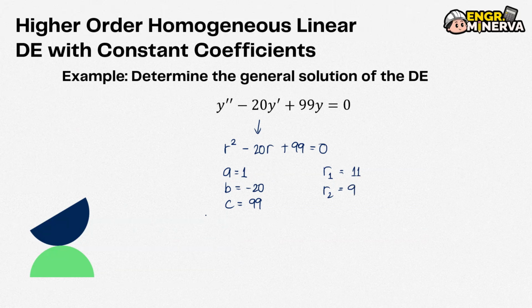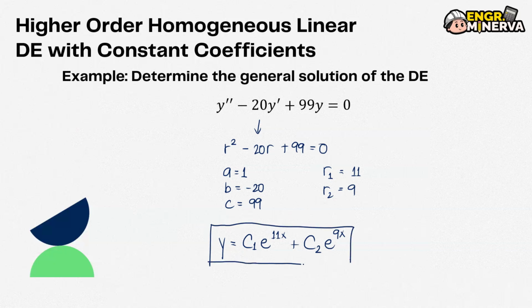So our general solution is y equals C1 e raised to the first root, 11, plus C2 e raised to the second root, 9. That is our answer.